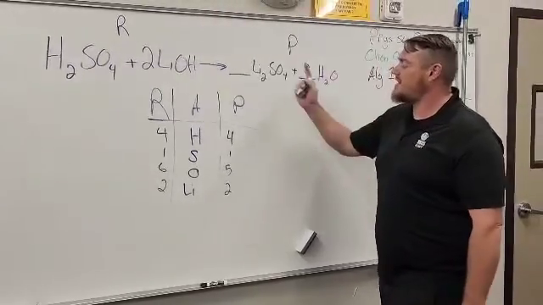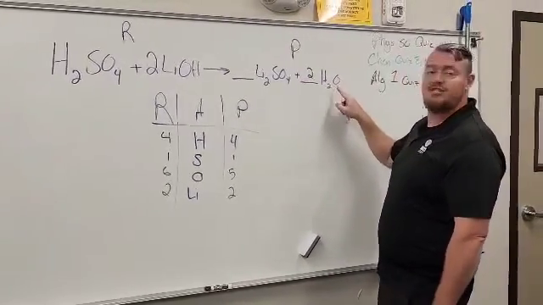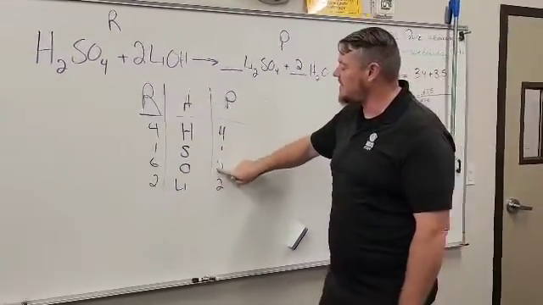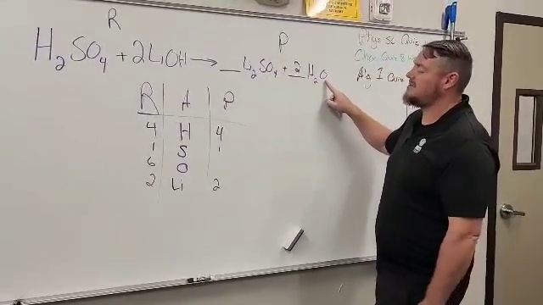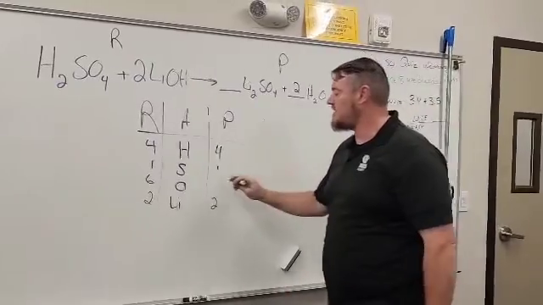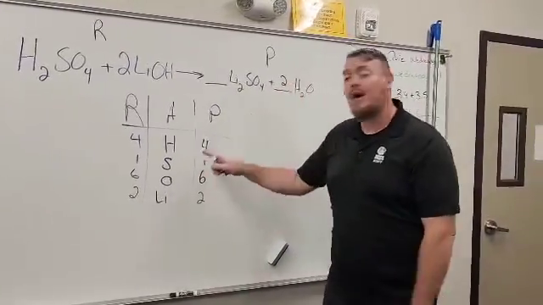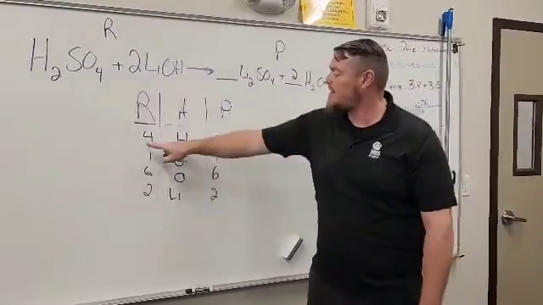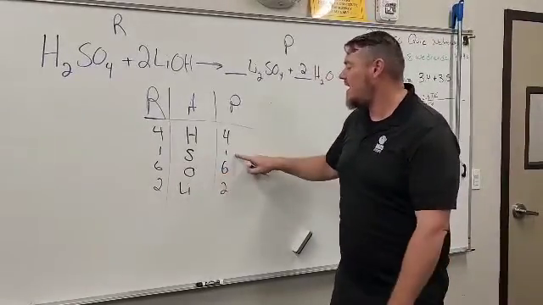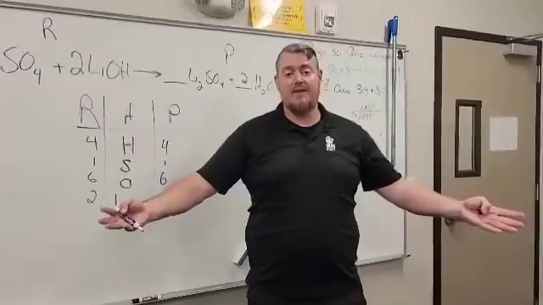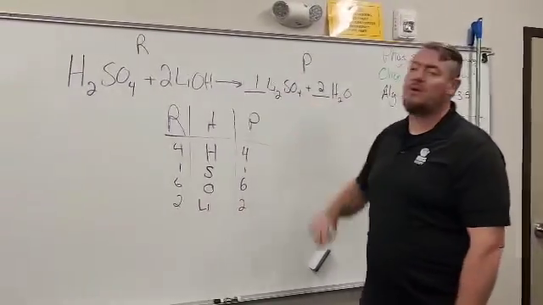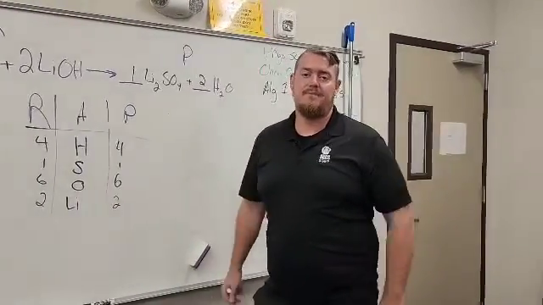If I go through and count everything else, the only thing I'll change is my oxygens as well. So here, instead of saying 5, I now have 4 here, and 2 times 1 is 2, which equals 6. If you guys notice, that works out here for me, because now this matches, and this matches, and this matches, and this matches, and we are all balanced. So the coefficient that goes here is just a 1. And that's all we do.